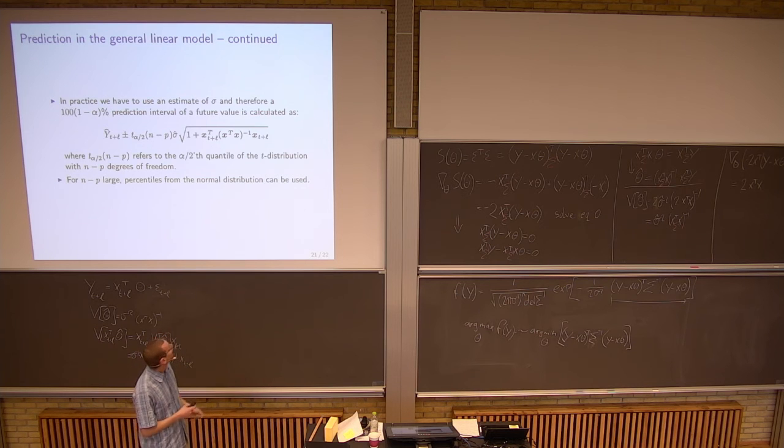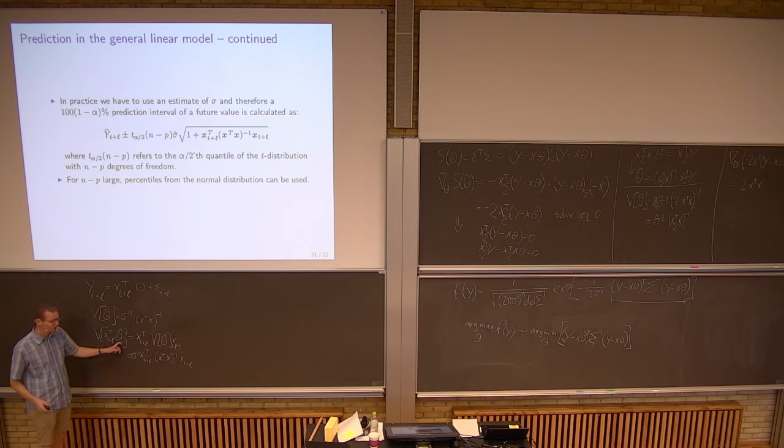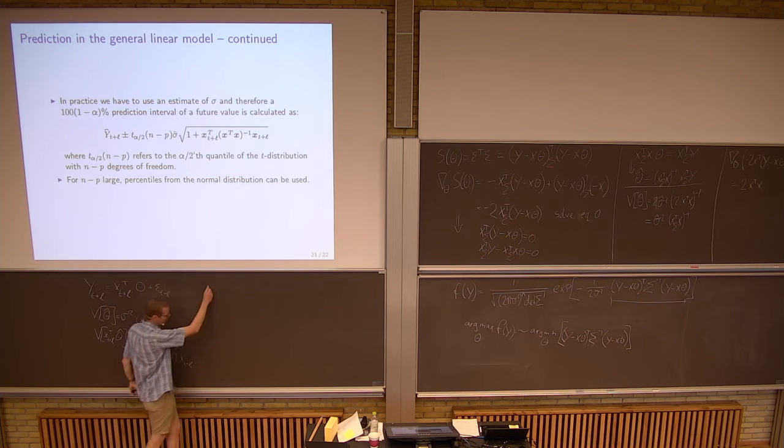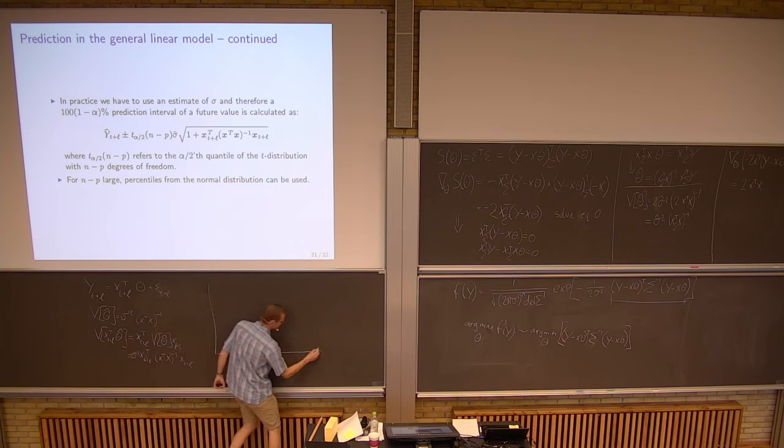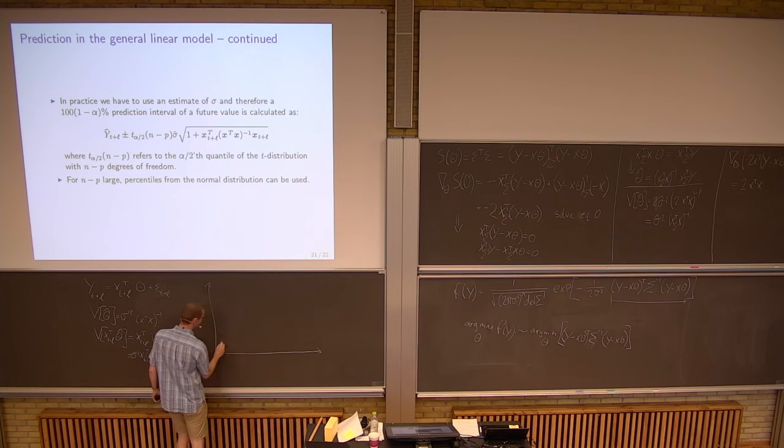And this term here is the same term we have down here, that comes from the uncertainty of the parameters theta. What is the interpretation of that? Let's just do it in a simple linear regression setting. We have some data.